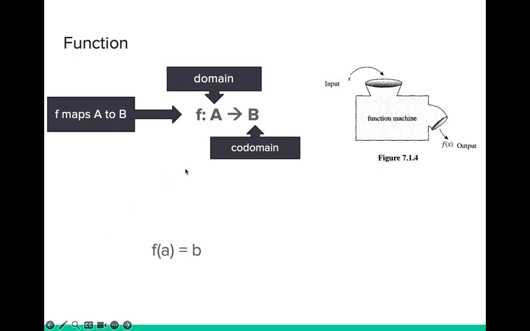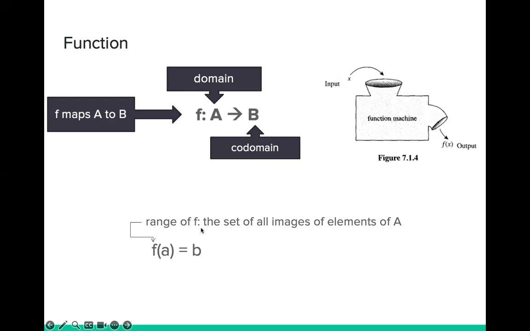Okay, so we can also write it like this. If we assign A with an output B, we can write it as f of A equals B. If we visualize it in our function machine, it will be the f, and it accepts an input A and produces an output B, or f of A also. And we also have what we call the range of f.